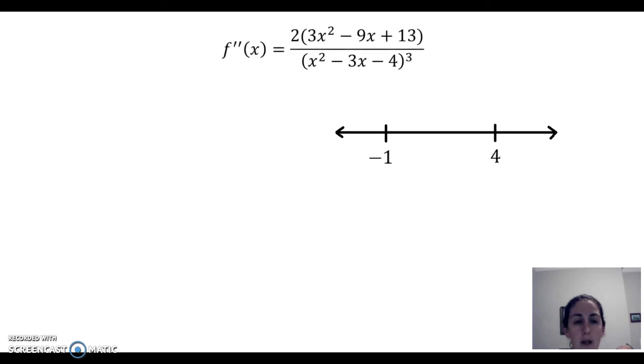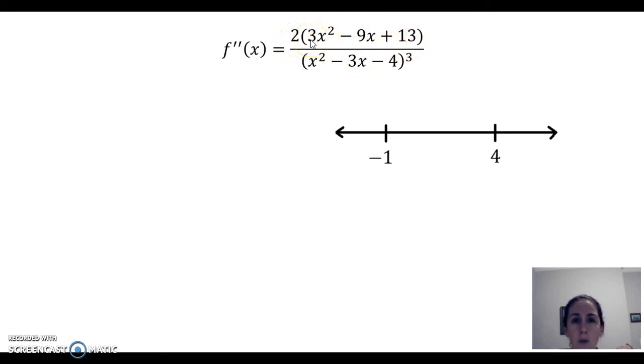So now, here's that second derivative again. I want to know, where is this derivative undefined? Well, we know it's definitely undefined where the function was undefined at negative 1 and 4, and where is it 0? So let's set this numerator equal to 0. Notice I factored out a 2.